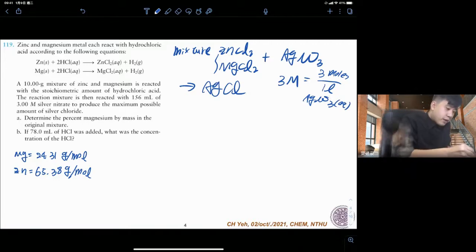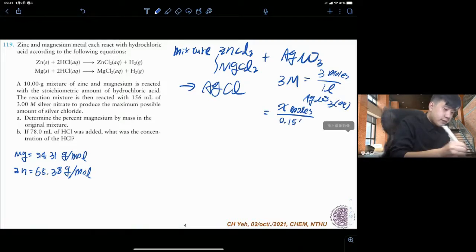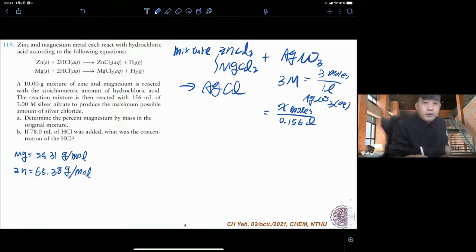So we can calculate how many moles are inside 156 mL, which means we can set up an equation like this: X moles inside 0.156 liters. Then we can find the answer; we can calculate this later.